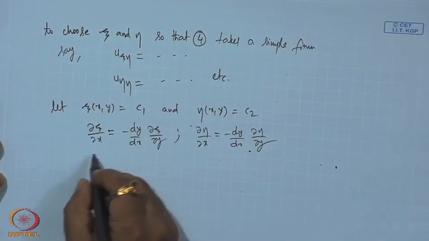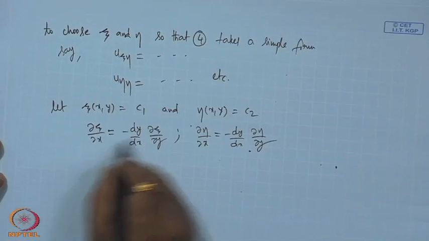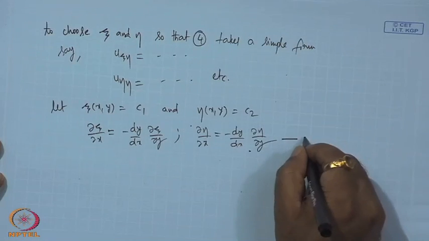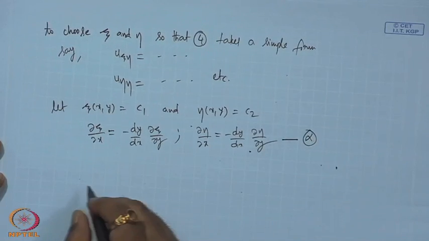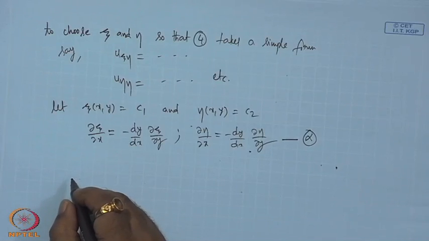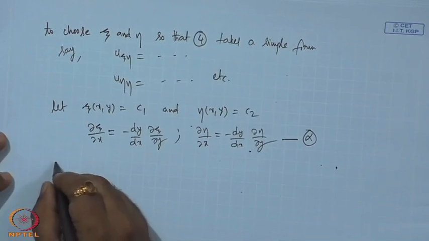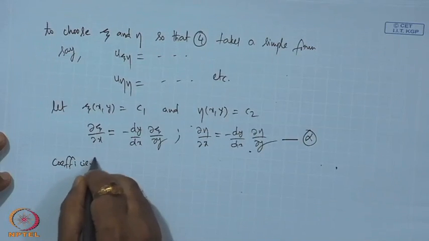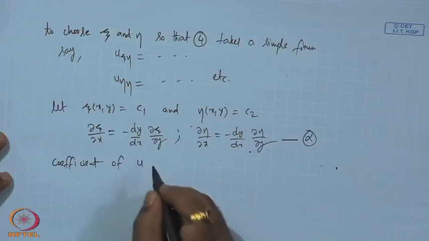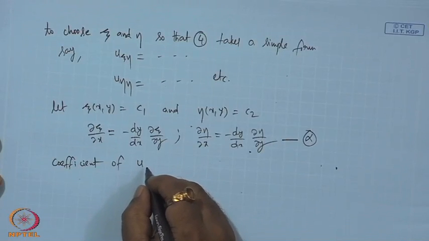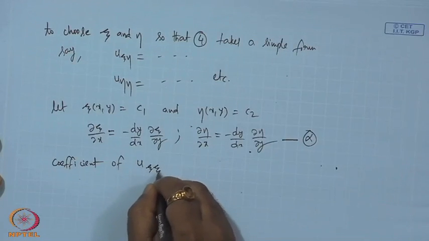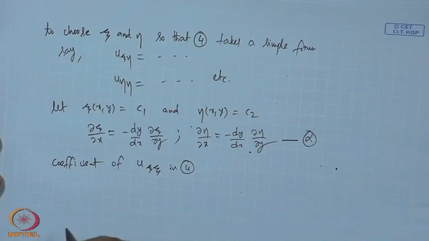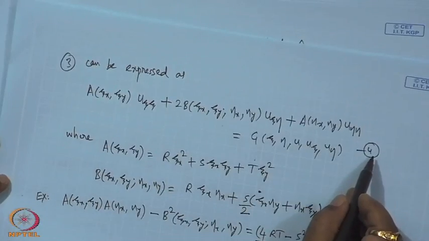Then from these two, say this is some alpha, the coefficient of u zeta in 4. What is our 4? This is our 4.